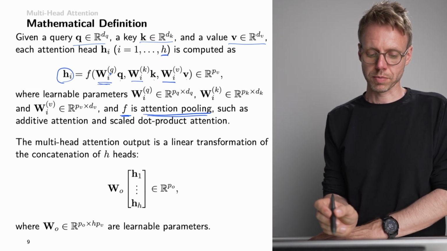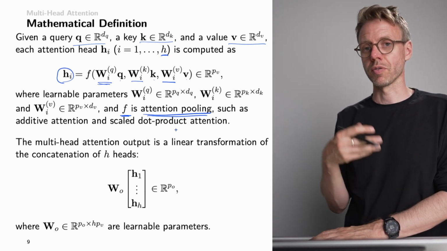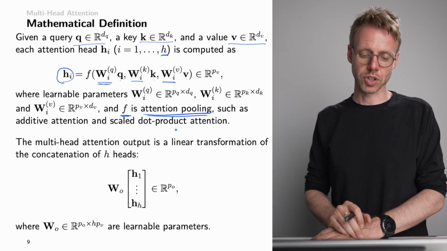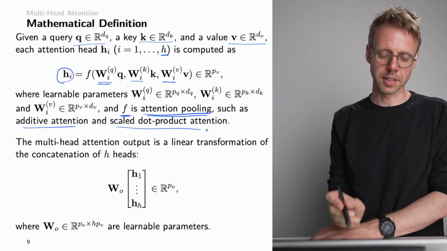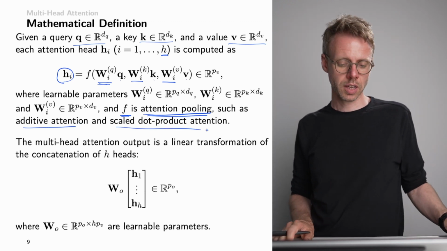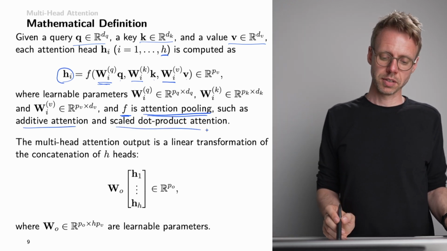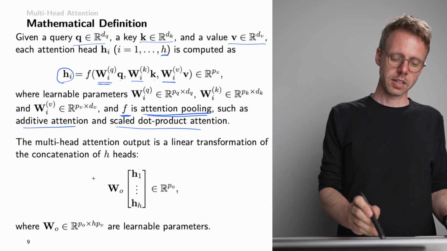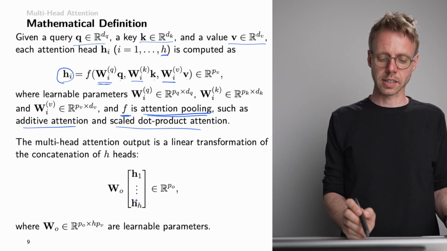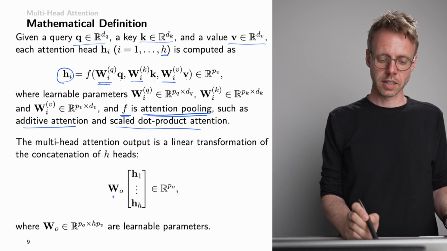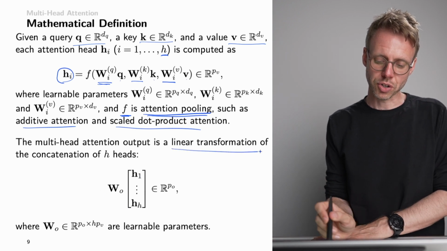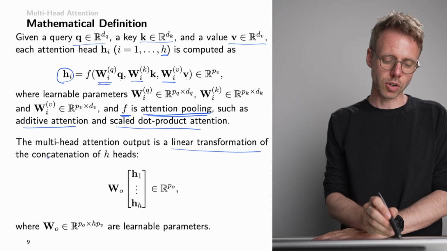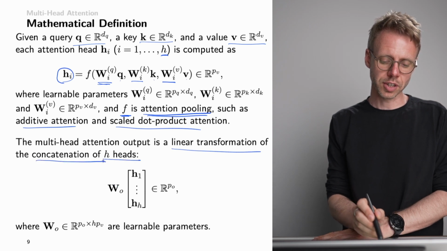But f could be any of the attention functions that we got to know, for example, additive attention or the scaled dot product attention. And now the output is computed as the weighted or the linear transformation of all of these concatenated h attention heads.